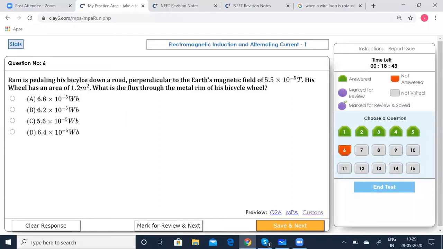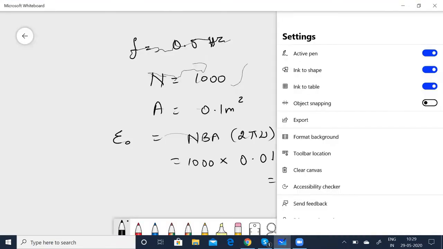Ram is pedaling his bicycle down a road perpendicular to Earth's magnetic field of 5.5 into 10 to the power of minus 5 Tesla. His wheel has an area of 1.2 meters square. What is the flux through the metal rim of his bicycle wheel? Right. So here A is given as 1.2 meters square.